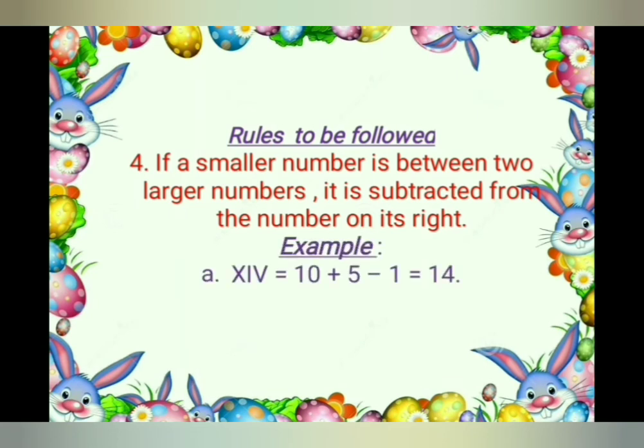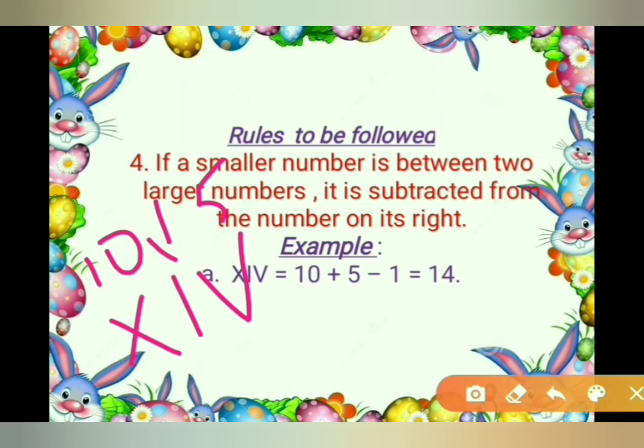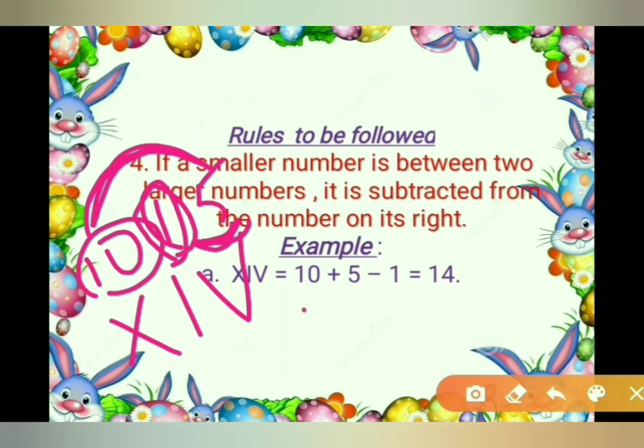For example, XIV: value of X is 10, value of I is 1, value of V is 5. Look at this. Now the smaller value is in between the two greater values. So you have to subtract the smaller value from the right side value first. So 5 minus 1 is 4. Then you add: 10 plus 4 equals 14.